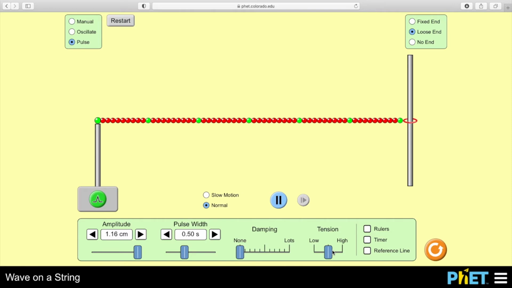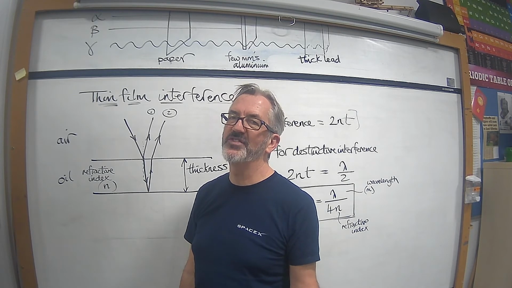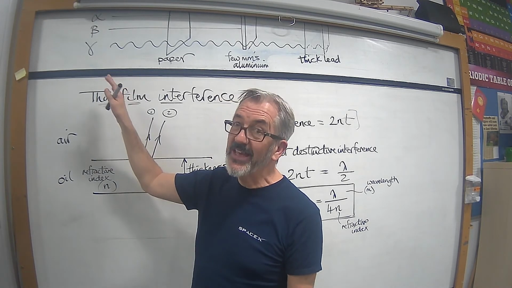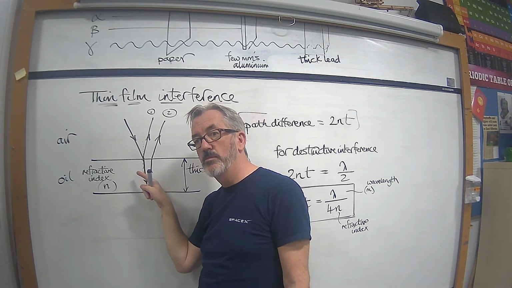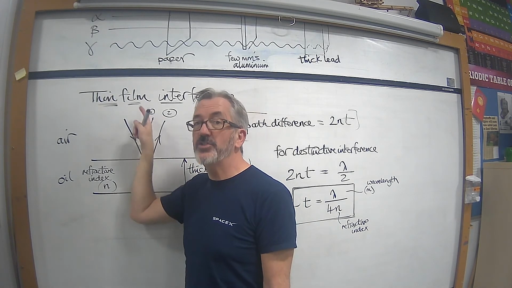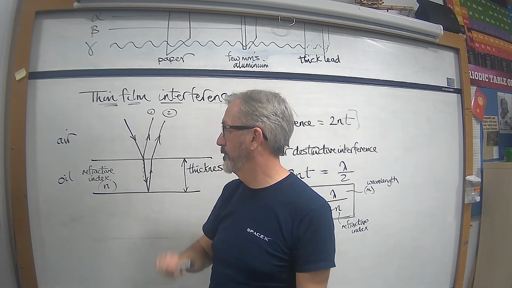Have a go at it. You only get a phase change on reflection when you go from a less dense to a more optically dense material. Right, hopefully you've seen that. So if the light hits a boundary that's more dense, then it gets a phase change of half a wavelength, pi radians.